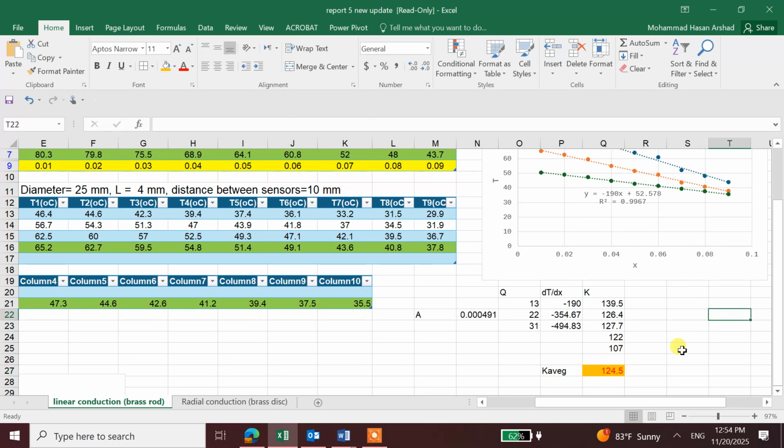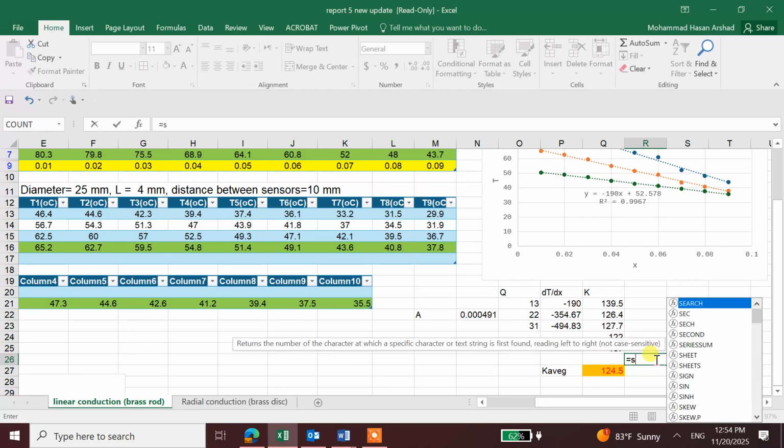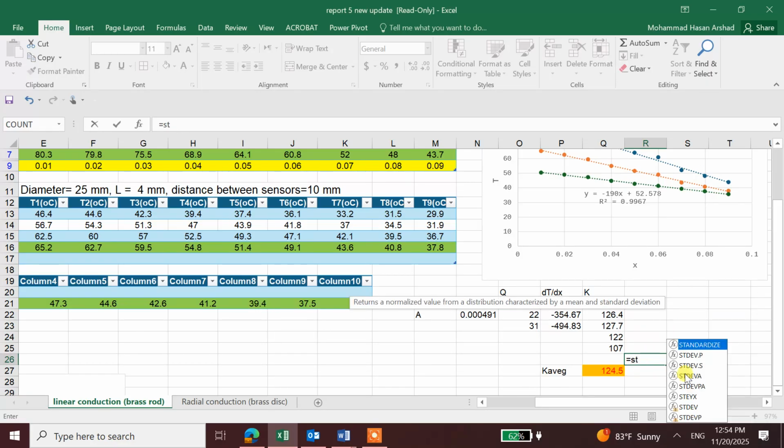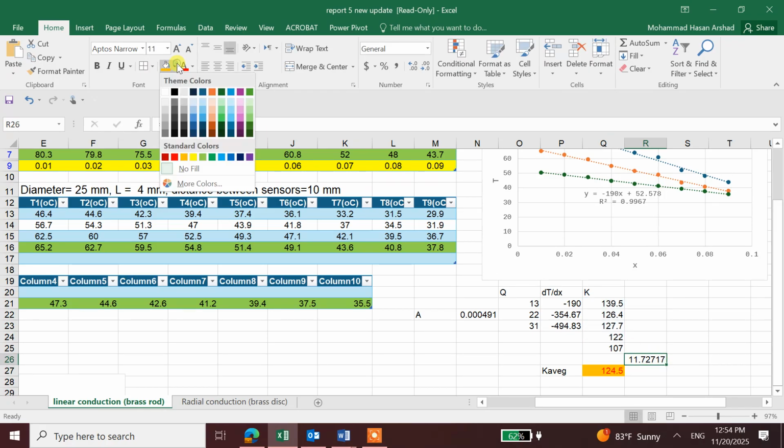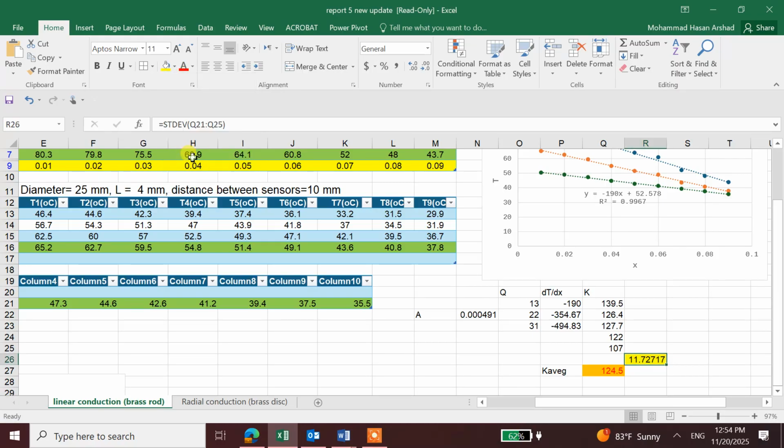And then you want to see the standard deviation, since k is supposed to be the same but is varying because this is an experiment.